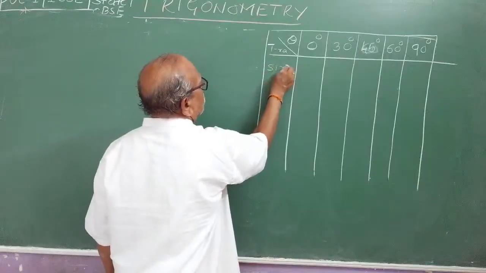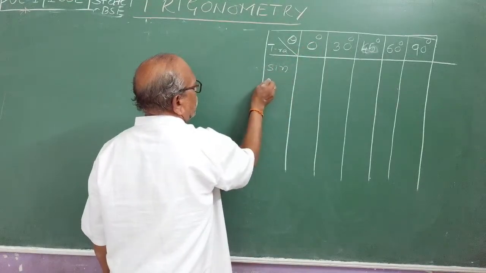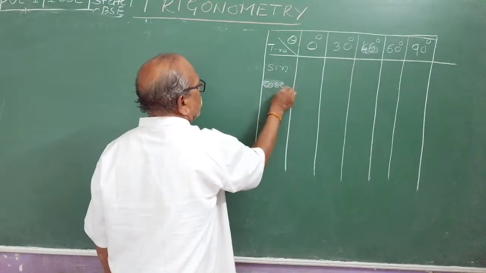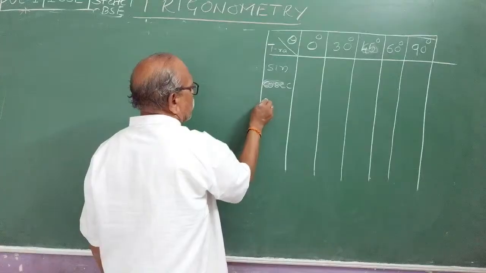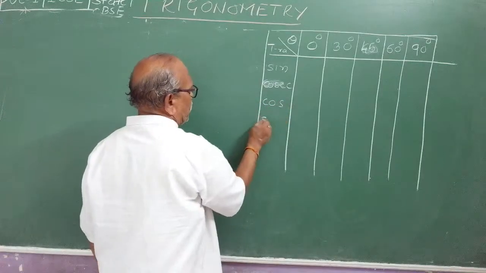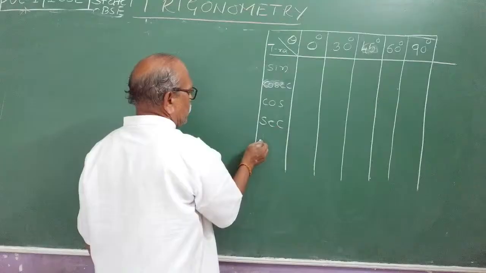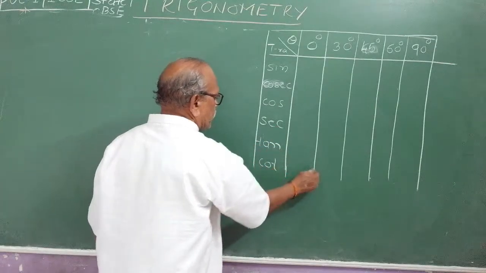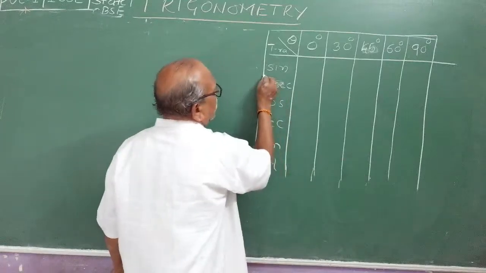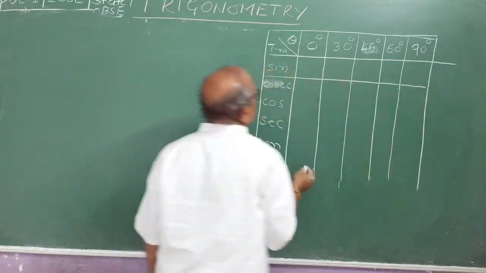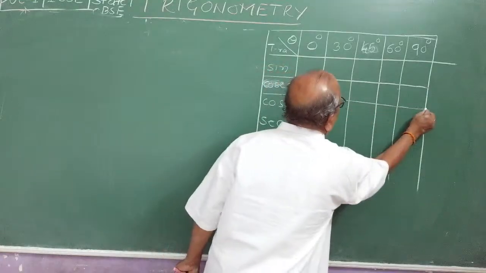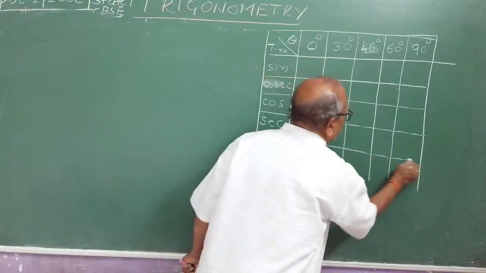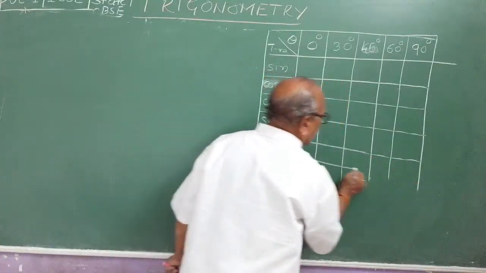Sine, I will take a reciprocal of it, cosec, one set. Then you take cos, then sec, then tan, its reciprocal is cot, right? Now, let us start with the sine values. What is 0 degree? Just now you wrote, make a table, and you need not buy the table.